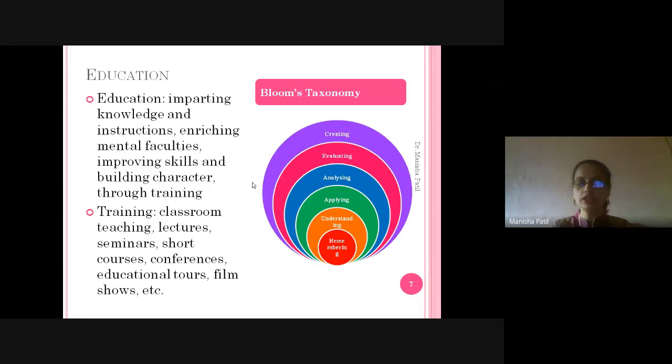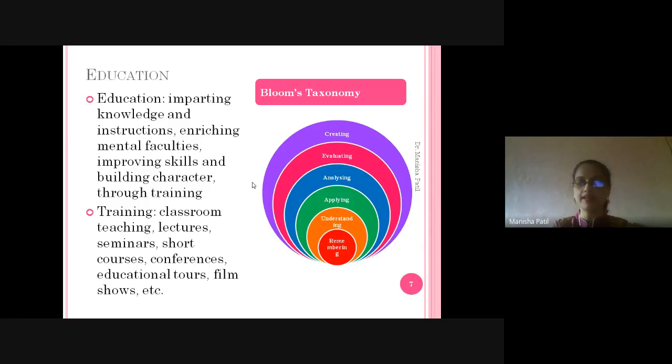If it is not courteous, then what will happen? After analyzing, evaluating. Evaluation is like examination. And the last one, creating. Using all the 7 C's of communication, you will create your own form of communication.